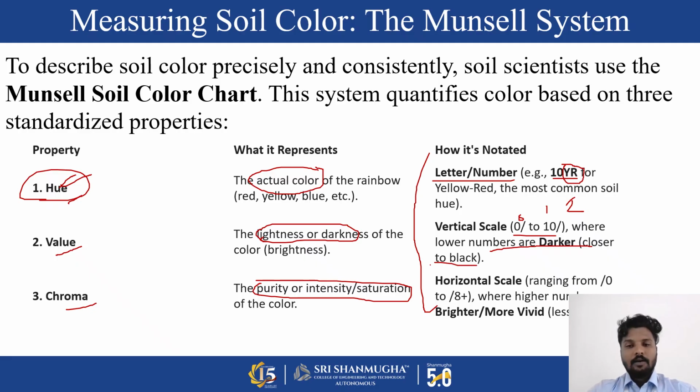The final one is the chroma. Chroma is the horizontal scale in the Munsell soil color chart, ranging from 0 to 8 plus. Here the slash is added before the number, where a higher number shows brighter or more vivid colors.